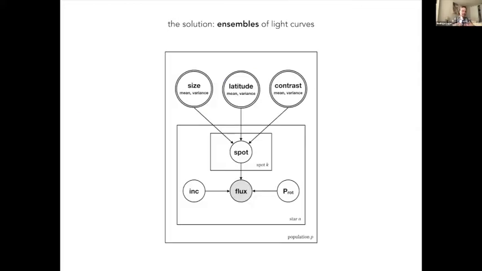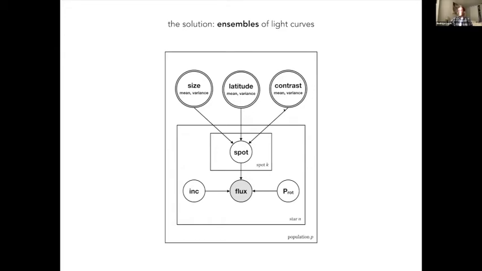And so the idea there is, this is a silly, simple graphical model that I just drew. What we're interested in are these parameters at the top. Like properties of star spots and stellar surfaces on average, right? Something about how the size of star spots is distributed, how their latitude is distributed, how their contrast is distributed.